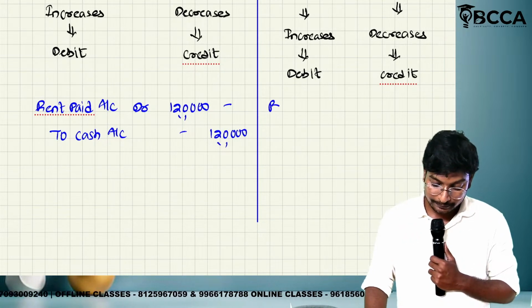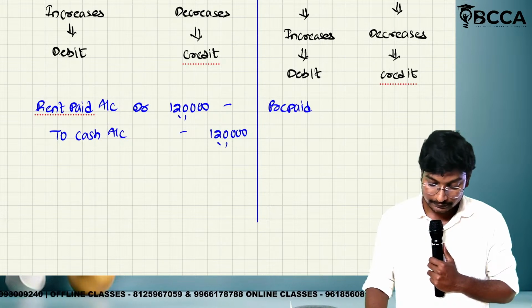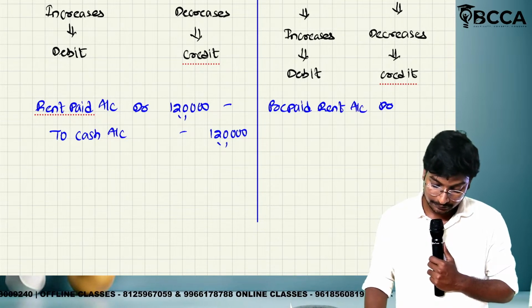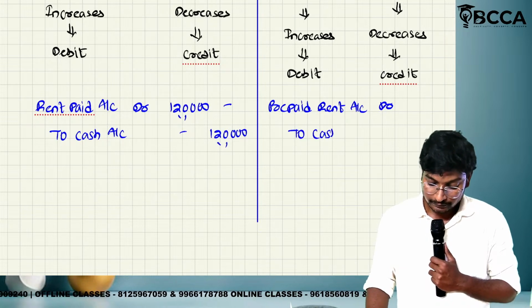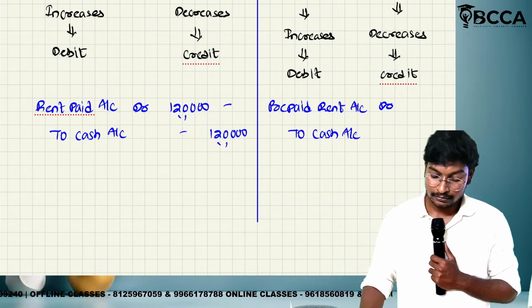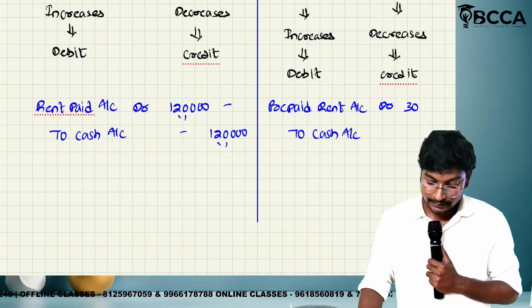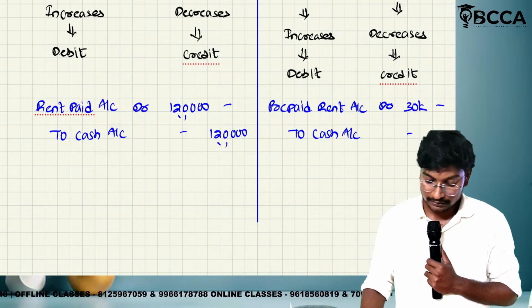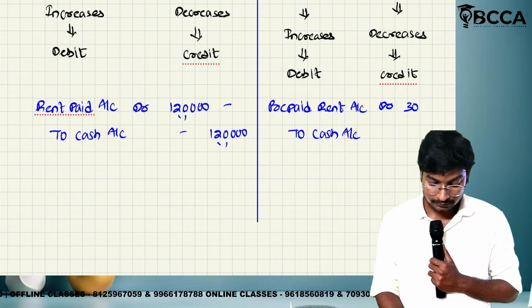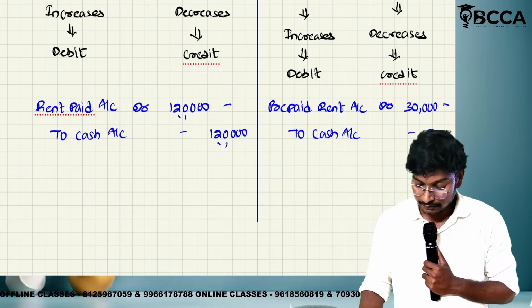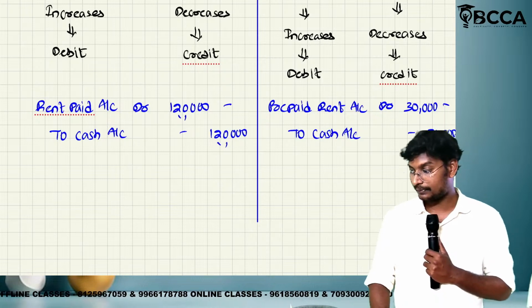Prepaid rent account debit to cash account. How much amount we have to record? 30,000.